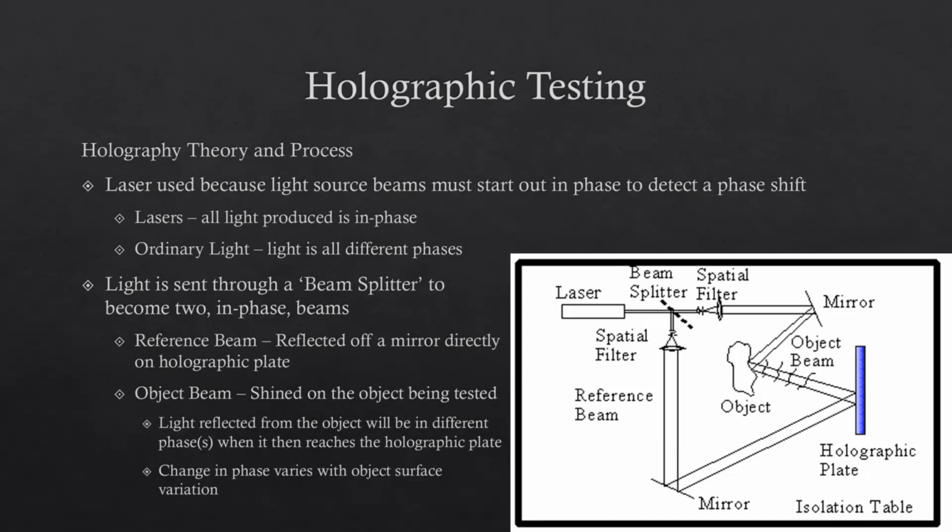And so when those light waves that have now been shifted by reflecting off an object meet up with the original light waves, the reference beam light waves, you're going to get that constructive and destructive interference taking place. And what that'll do, I think I got a little ahead of myself.